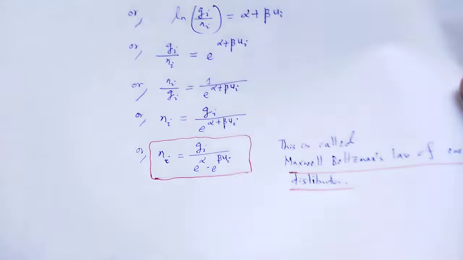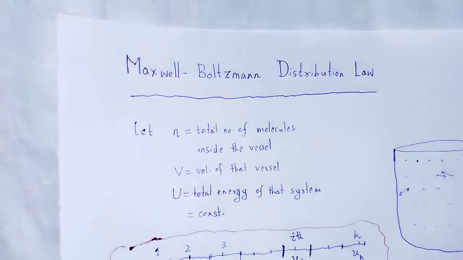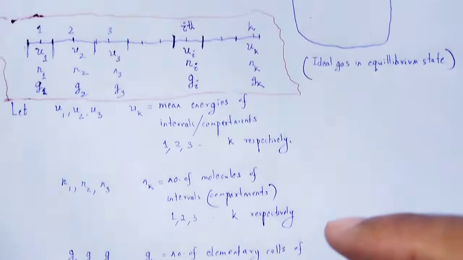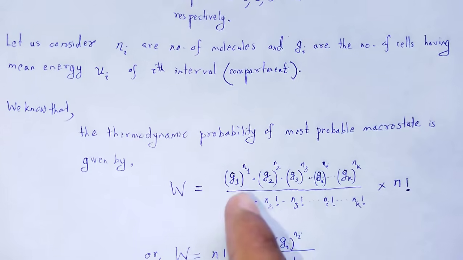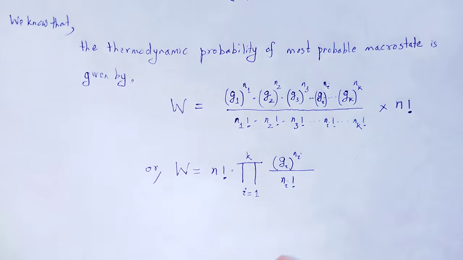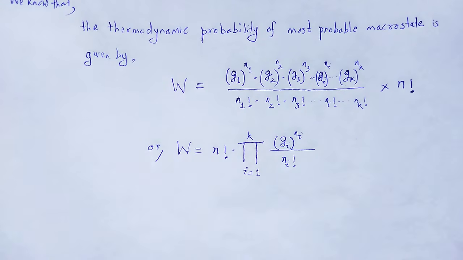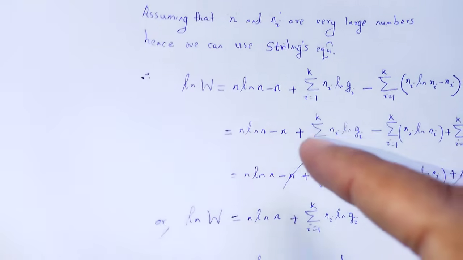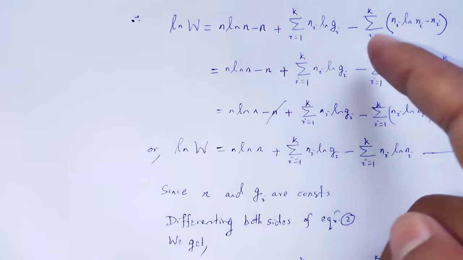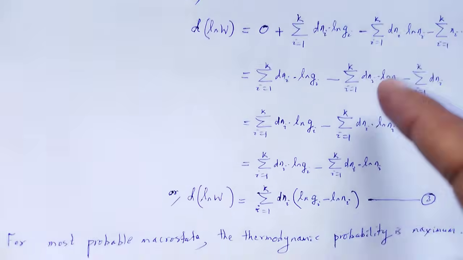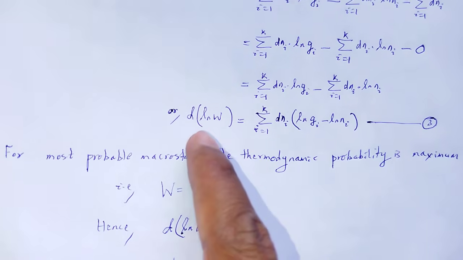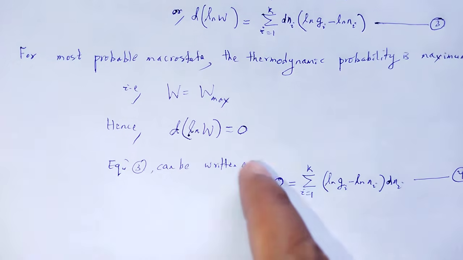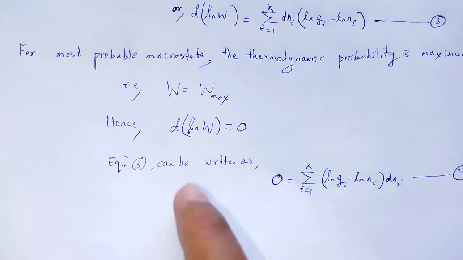So, with the help of this video lecture, we understand the concept of the Maxwell-Boltzmann distribution law: the thermodynamic probability of the most probable macrostate, taking logarithm on both sides and using Stirling's equation, we obtain d ln W. For the most probable macrostate, it will be 0.